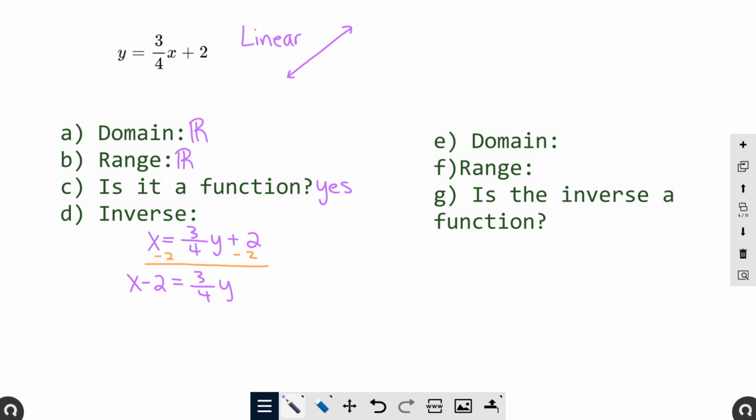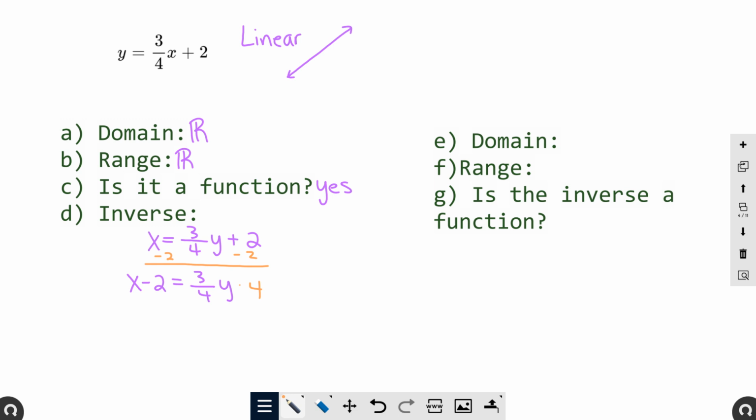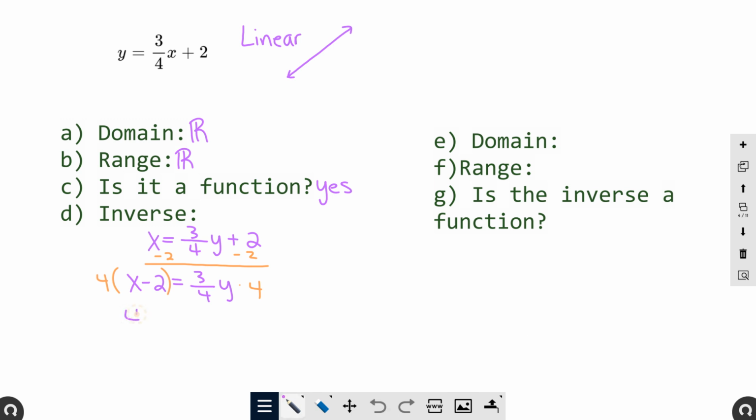First, get rid of the 4. How could I get rid of the 4? Multiply by 4. Since everything is kind of being divided by 4 on this side, we could multiply both sides by 4. But when you multiply the left side by 4, you have to distribute. So we get 4x minus 8 equals 3y.